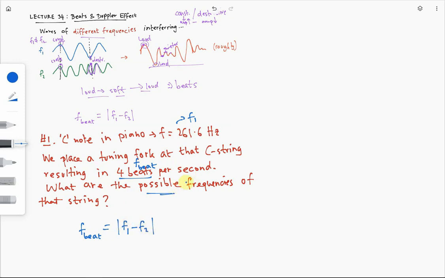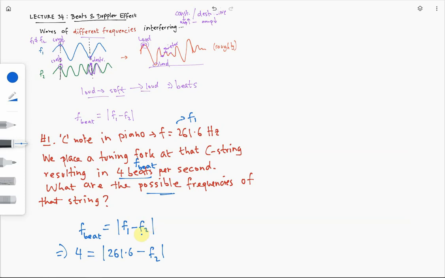According to this equation, we have 4 beats per second, which is the beat frequency, and that is equal to the absolute value of f1 minus f2, where f1 is the C note frequency, 261.6 Hertz, and we don't yet know what f2 might be. For f2 there are a number of possibilities. Why? Because of this absolute value right here.